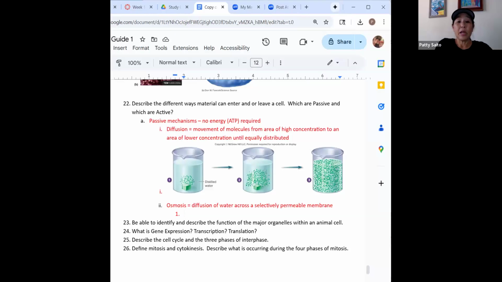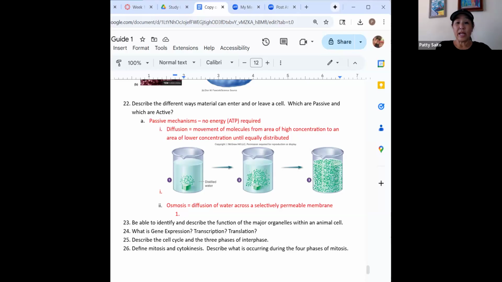So the concentration of that solution being put into the body is important, because we know that water moves across freely based on the concentration of that water and the concentration of the solutes dissolved in it.